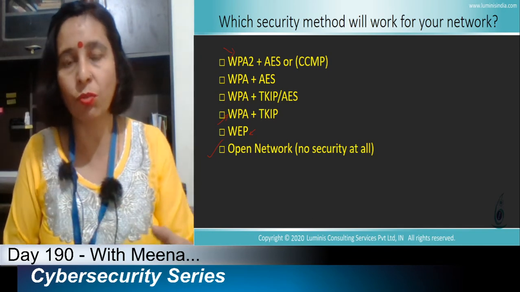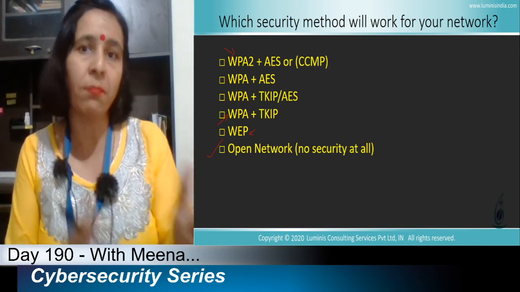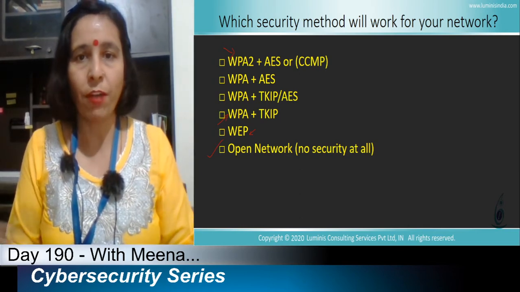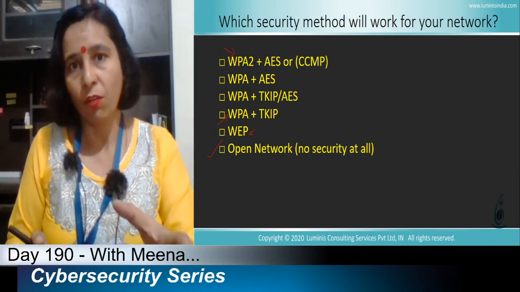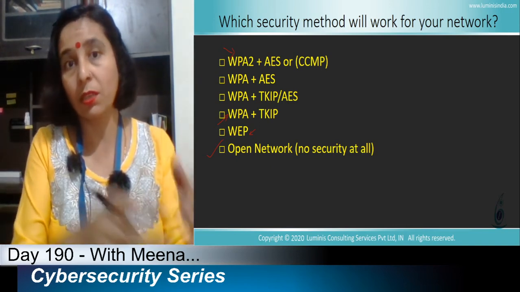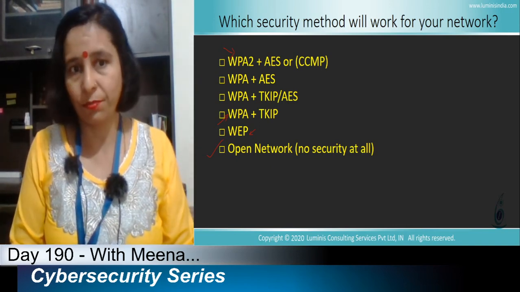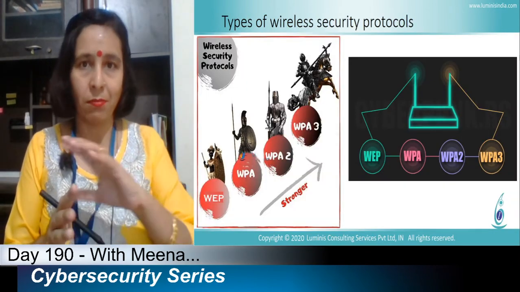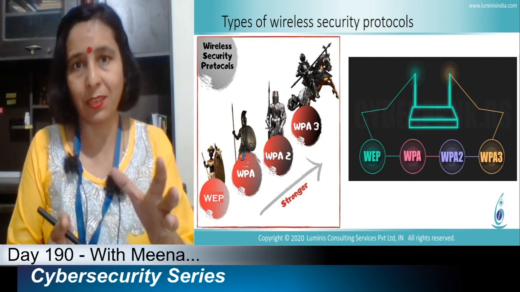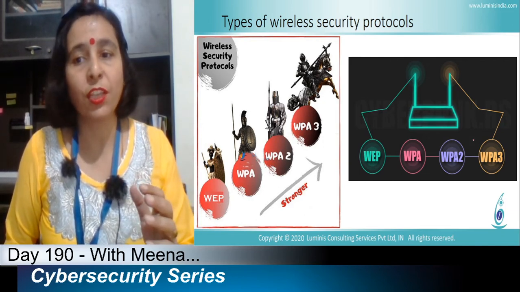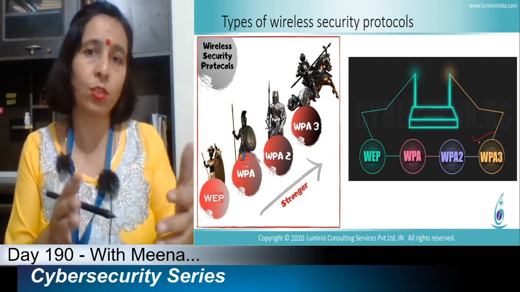If we implement a weak security method, then it is very easy for hackers to find out the password and communicate with your network devices, and whatever data you send over it, they can just have a look at it. So another secure method they developed is WPA3, which was developed in 2018.